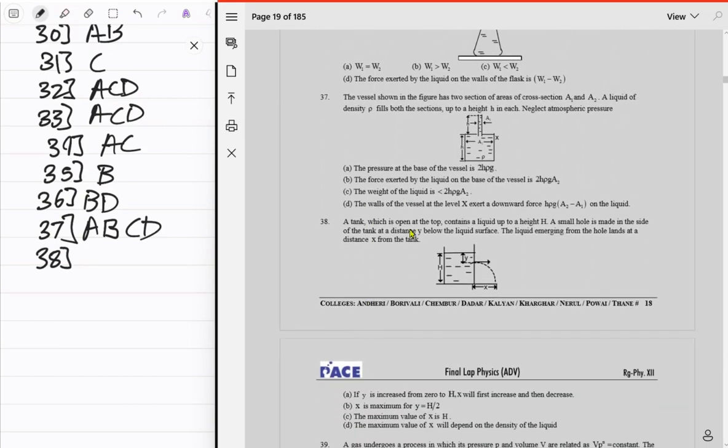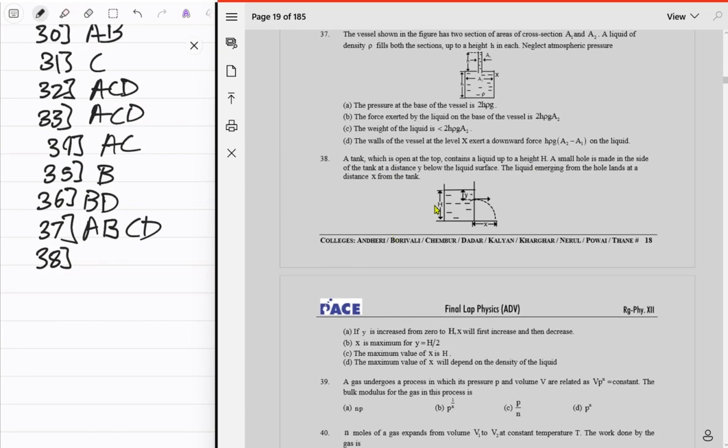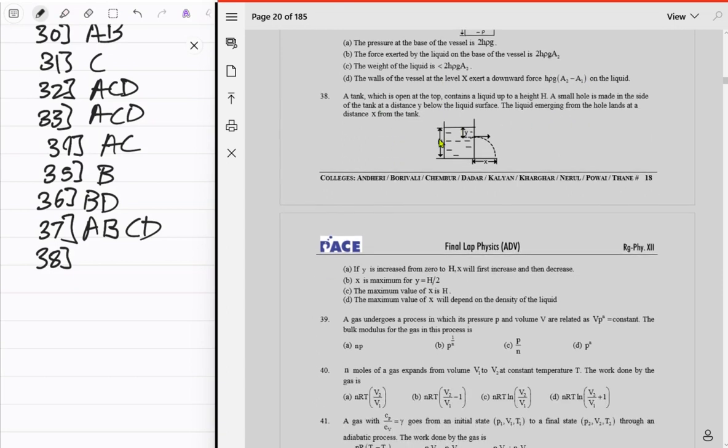A tank which is open at the top contains a liquid up to a height h. A small hole is made in the side of the tank at a distance y below the liquid surface. The liquid emerging from the hole lands at a distance x from the tank. If y is increased from 0, x will first increase then decrease.